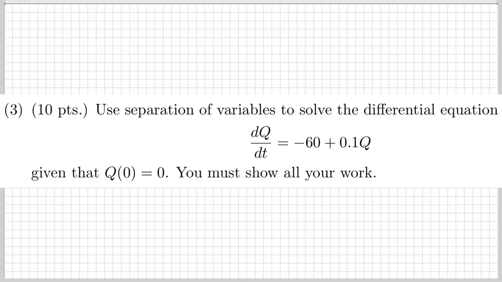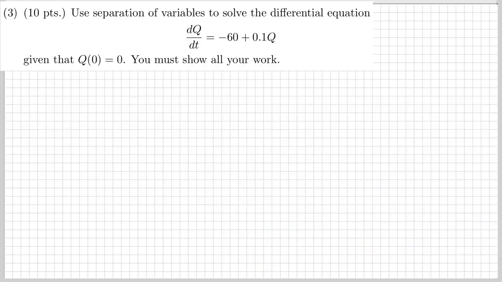Sweet. Alright. So this is just a straight separation of variables problem, and it just has all the math that you said you're okay with, but I'm still going to go through it in case we have a silent viewer who is confused.